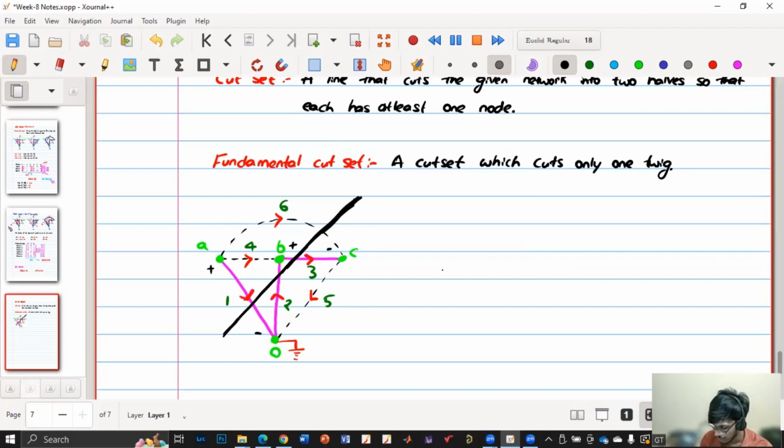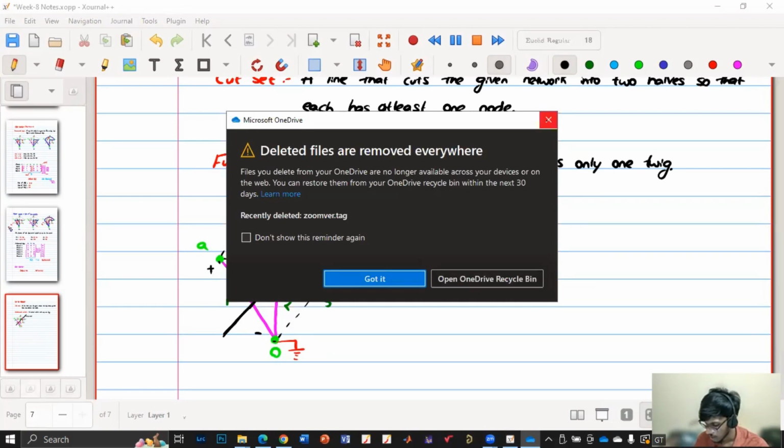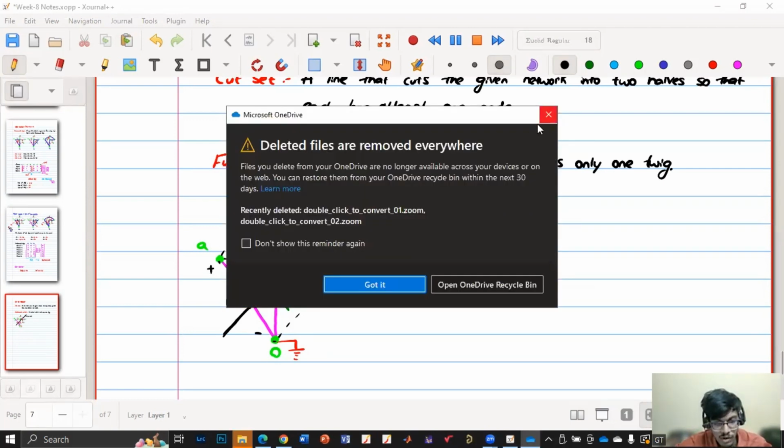On the left side we have two nodes, and on the right side also two nodes. This is called a cut set because it is breaking the given network into two parts, each having at least one node. But is this a fundamental cut set? No, because it is cutting this twig as well as this twig. So it is just a cut set, but not a fundamental cut set.